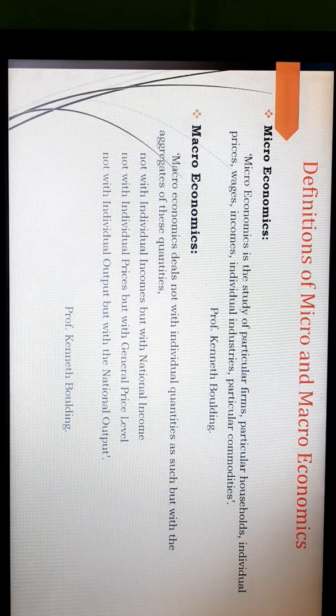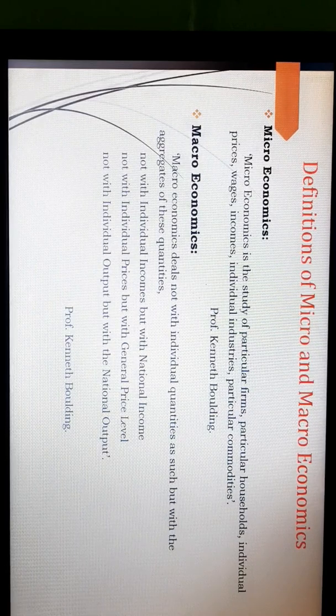Now what this total is? So for an example, as given in the definition, macroeconomics does not deal with individual income but with national income, not with individual prices but with general price level, not with individual output but with national output. So when we see the terms like national income, general price level, national output, these all things are coming under aggregates.